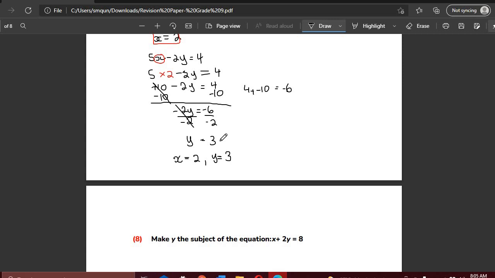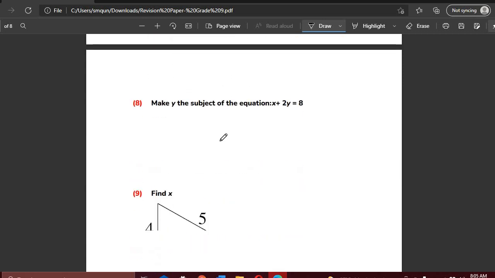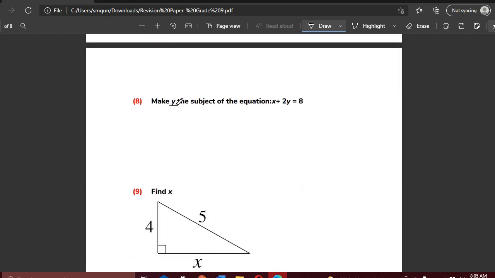The goal is basically the same though: to get whatever variable you want to be the subject on one side of the equation by itself. So it is like you're solving, but you're not going to get a number as your final answer. The goal is just to put the other terms on the opposite side of your equation and to get y on one side by itself.